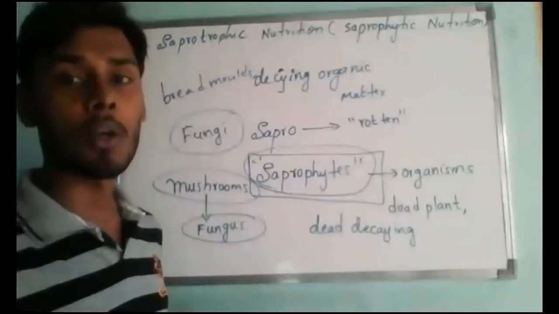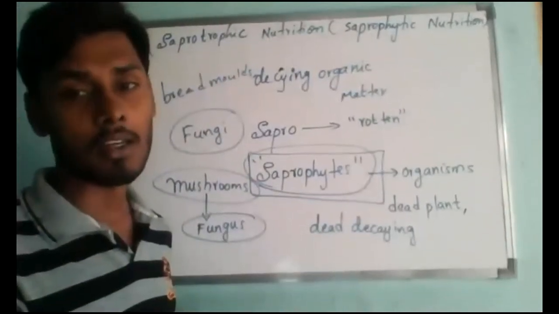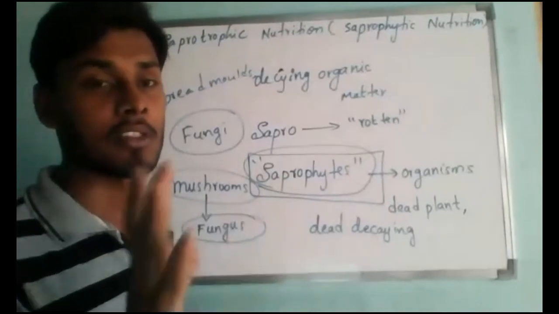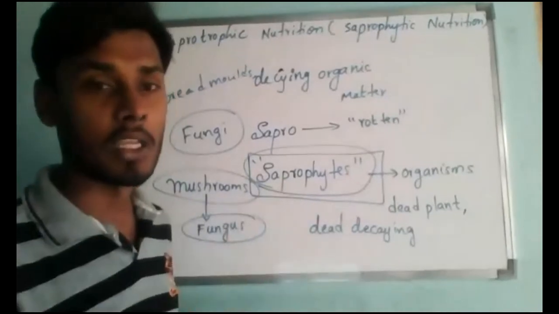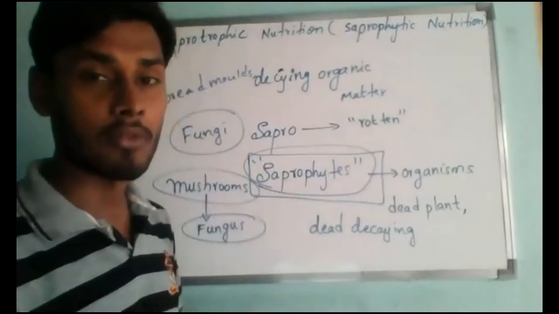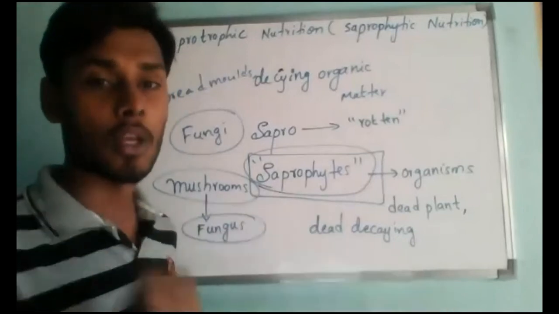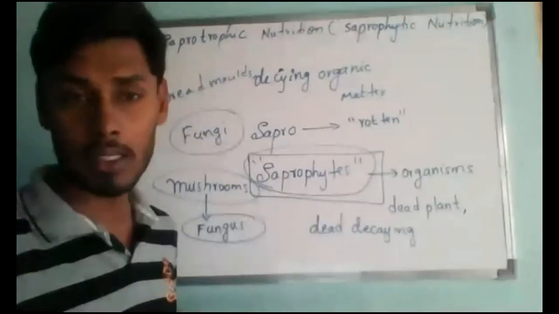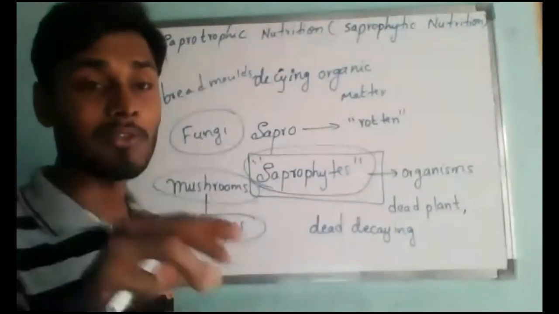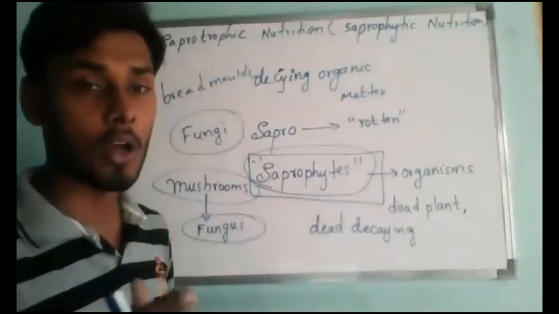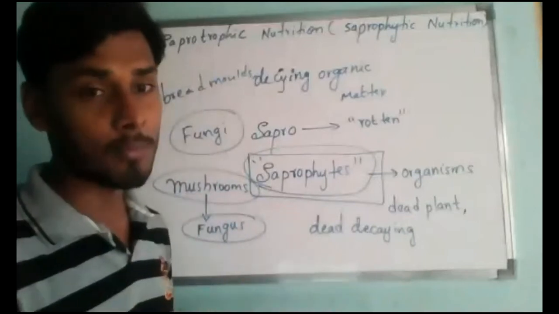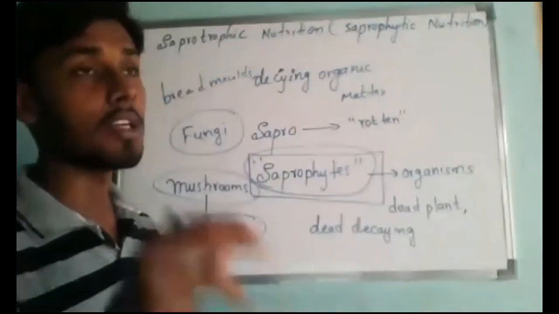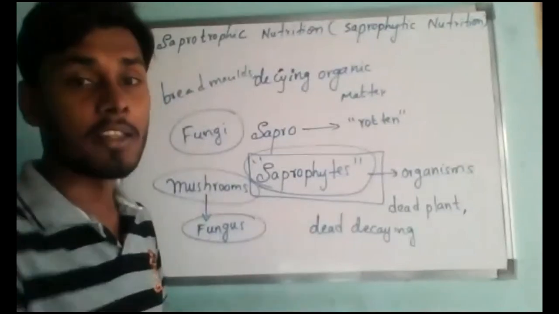Later they absorb that, because they cannot convert complex substances into simple substances inside their bodies. The conversion process from complex to simpler takes place outside their body.